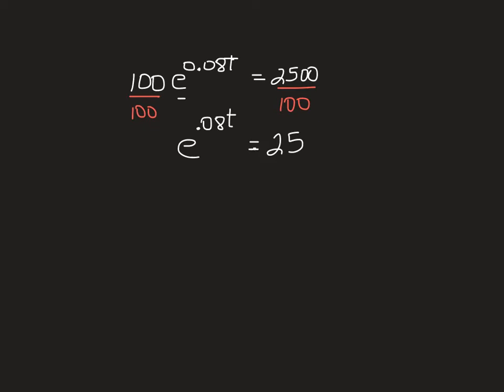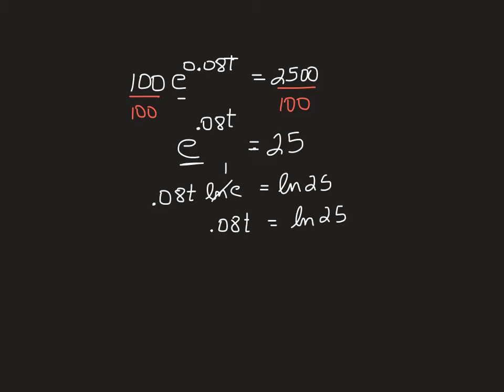Now in this case, since I have the base of e, I'm going to take the natural log of both sides. So we'll have 0.08t times the natural log of e equals the natural log of 25. Well, the natural log of e is simply 1, and we have 0.08t equals the natural log of 25. We can divide both sides by 0.08.